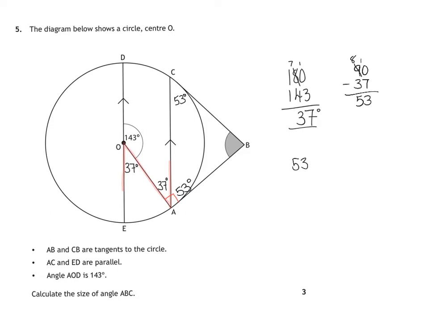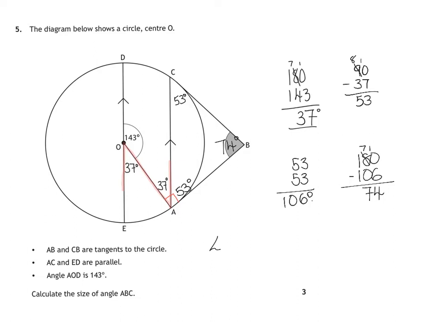So we have 53 add 53, so that's 106, for those two together, the CAB and ACB. So our last angle has to be 180 take away 106, which is 74. So this angle in here has to be 74 degrees.